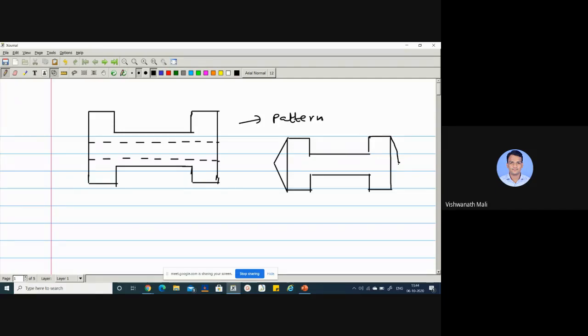What are these? These are the allowances. So this draft allowance we have given. We may give the machining allowance and shrinkage allowance, and those dimensions we need to add into this pattern. Now with this pattern, what can we produce?